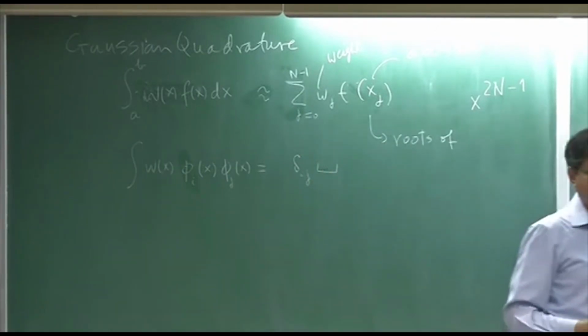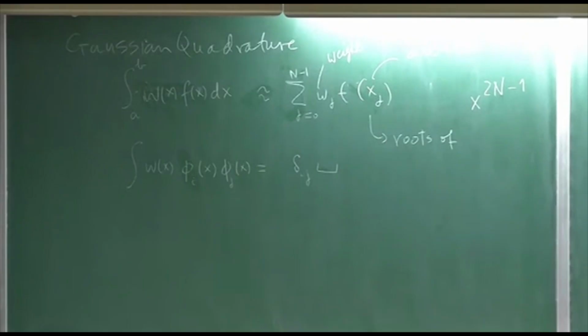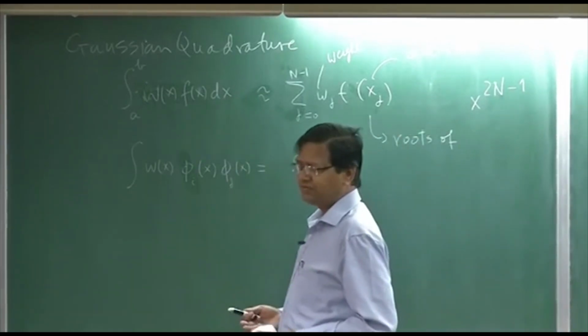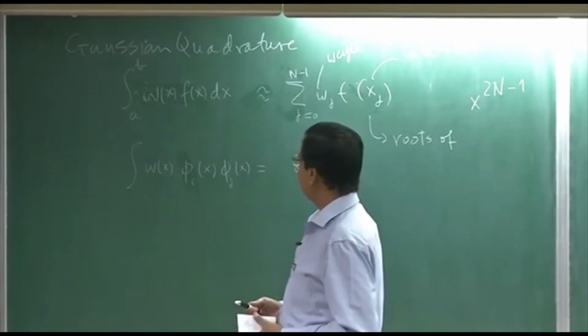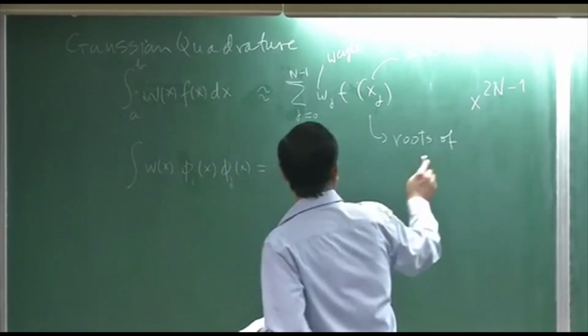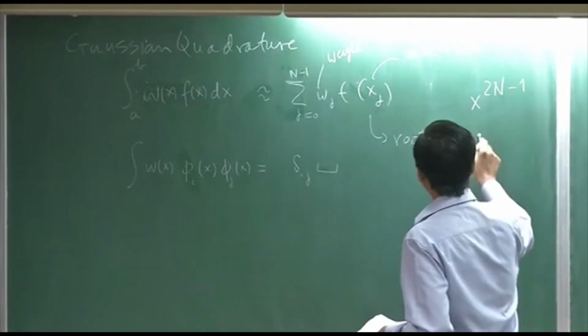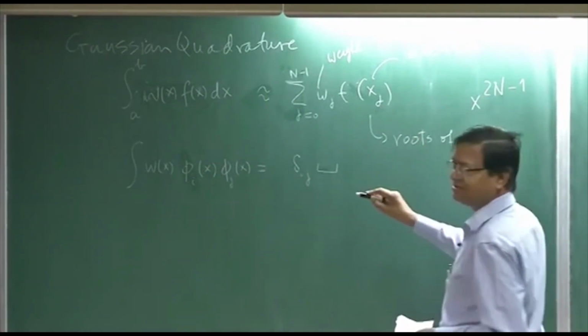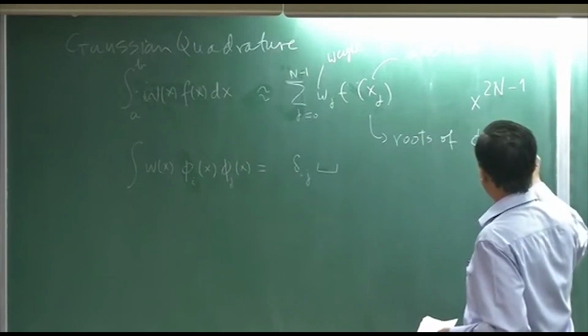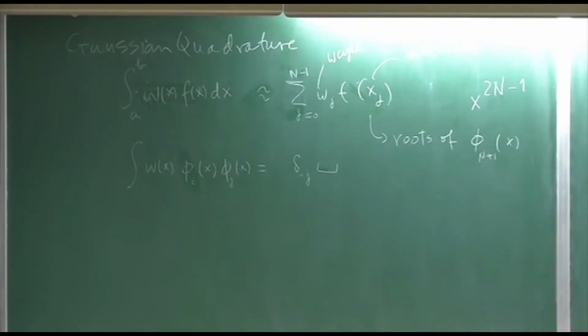It depends on the polynomials, and w(x) is not necessarily equal to 1. Sometimes it is 1, for Legendre it is 1, but it need not be. So you choose these polynomials, and the x_j's are roots of which polynomial? Phi n plus 1. This will have n roots.